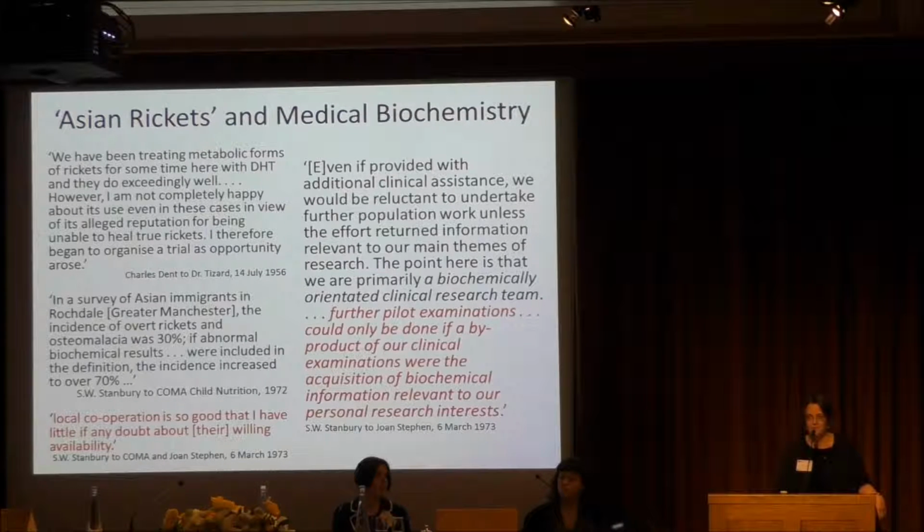S.W. Stanbury, famous for his work in metabolic disease in Manchester, and the pioneer of that research, thanks to the Wellcome Trust, was delighted to write to the panel on child nutrition at the DHSS that he had an available population. He writes, local cooperation, in this case with this migrant community, is so good that I have little, if any, doubt about their willing cooperation, their willing availability.